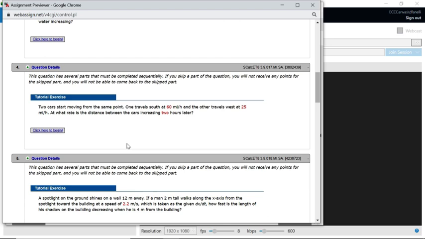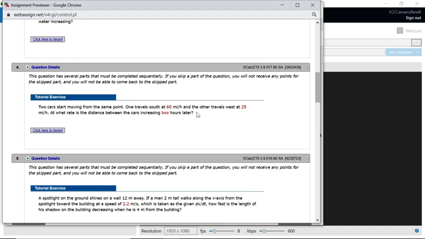Another very common type of exercise is using uniform motion. That's distance equals rate times time. When objects have a constant speed or a constant rate, okay, we can find their distance as a product of rate and time. So it's quite common to have two objects. Let's see, 2 cars, 2 boats, 2 airplanes, for example.